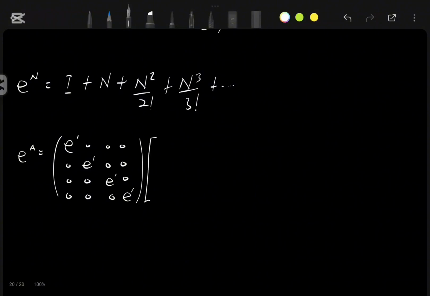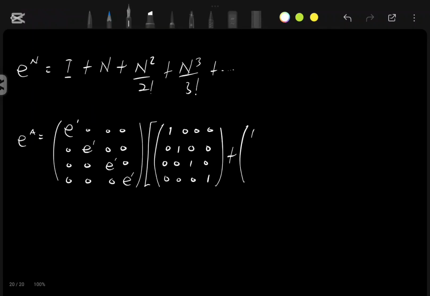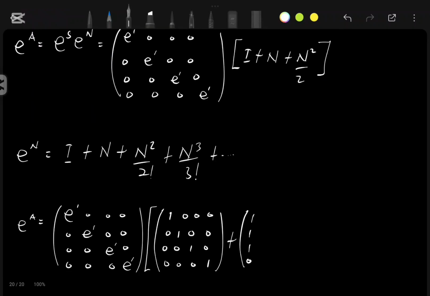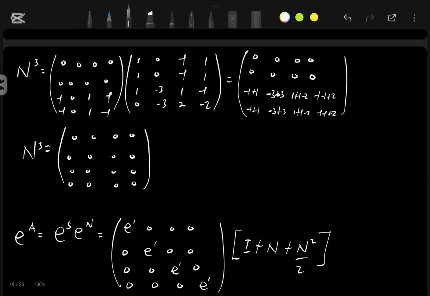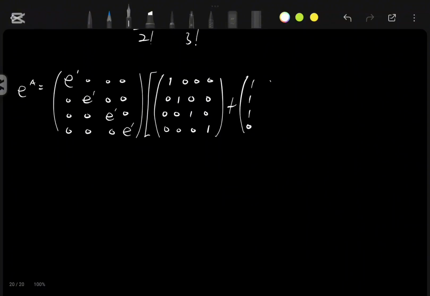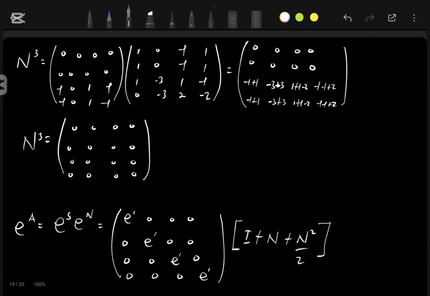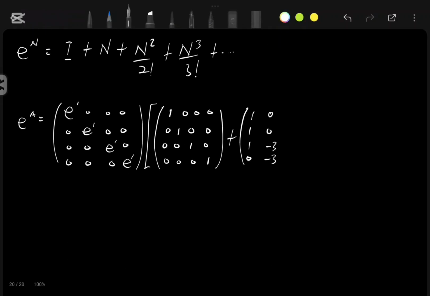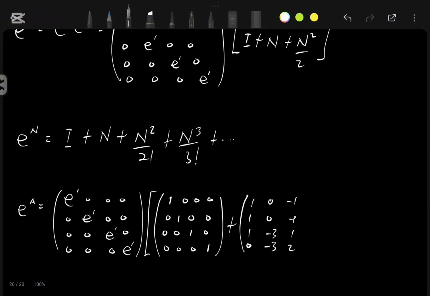The other matrix is given by the identity matrix, 1, 0, 0, 0, 0, 1, 0, 0, 0, 0, 1, 0, 0, 0, 0, 1, plus N, where N is given by 1, 1, 1, 0, 0, 0, minus 3, minus 3, and minus 1, minus 1, 1, 2, and 1, 1, minus 1, minus 2.